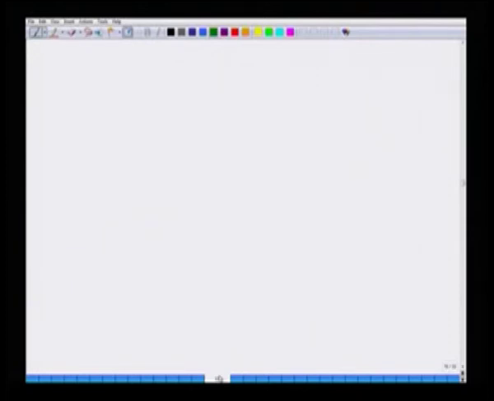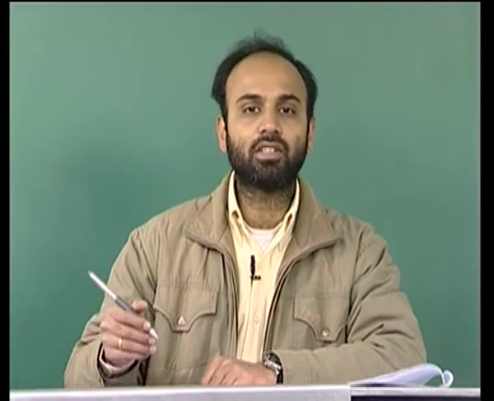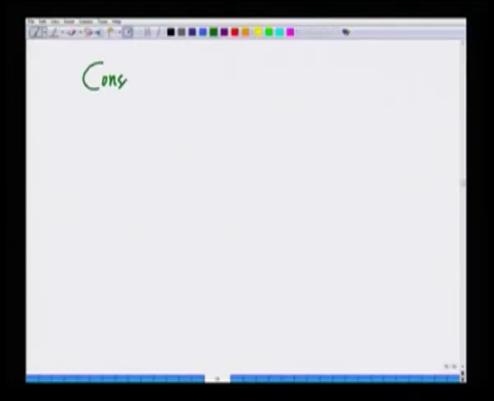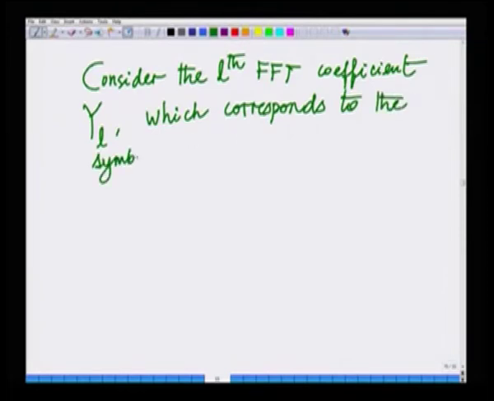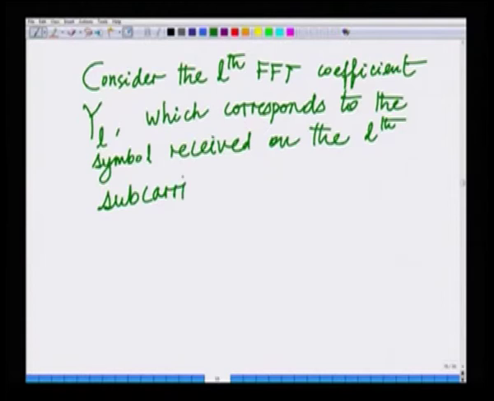After performing the FFT, consider the Lth FFT coefficient, capital Y L, which corresponds to the symbol received on the Lth subcarrier.